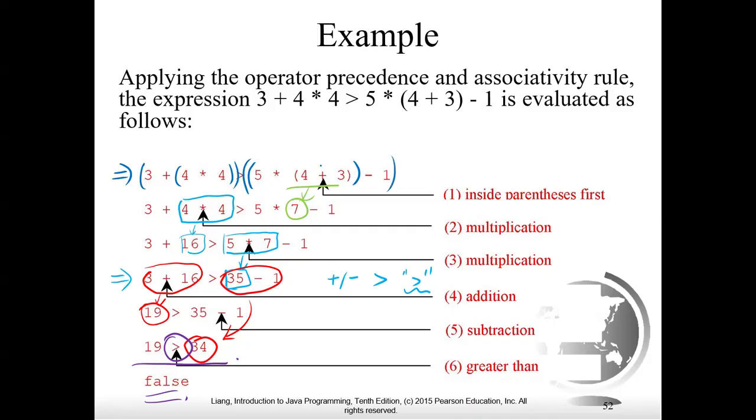Then you will have a formula like 3 plus 4 multiplied by 4, and it is bigger than 5 multiplied by 4 plus 3. I would admit that the parentheses are nested together, making you have to think more. However, the operator precedence is really explicit.